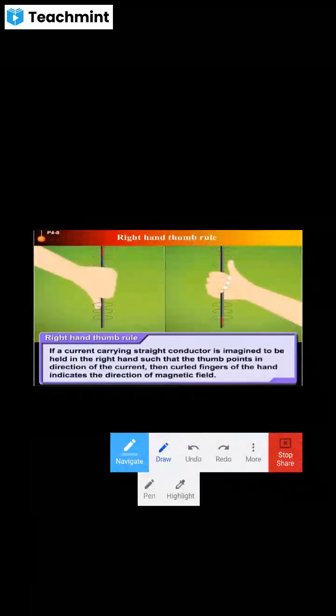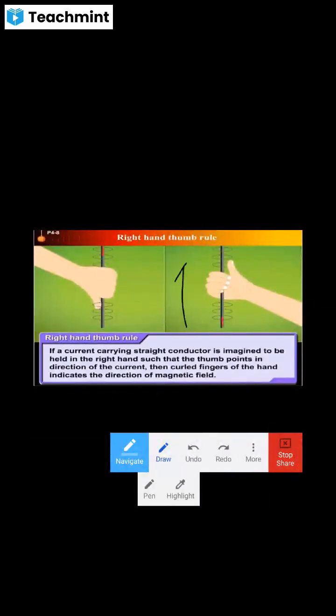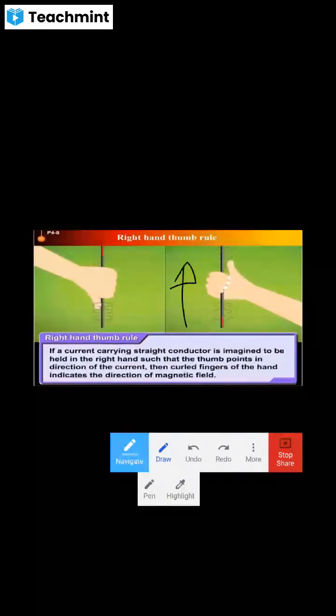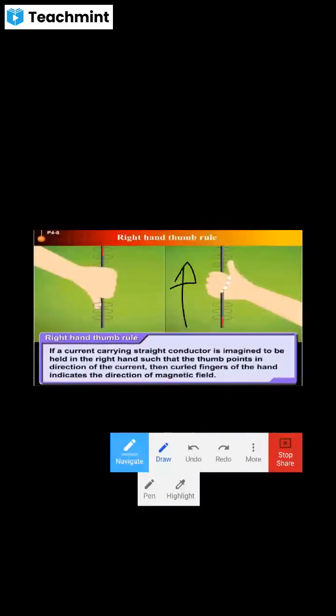Look at this concept. This is the direction of current, isn't it? The current is going this way, the arrow mark is drawn. Now this is the direction of the magnetic field. The magnetic field is in this direction. Can you see this?